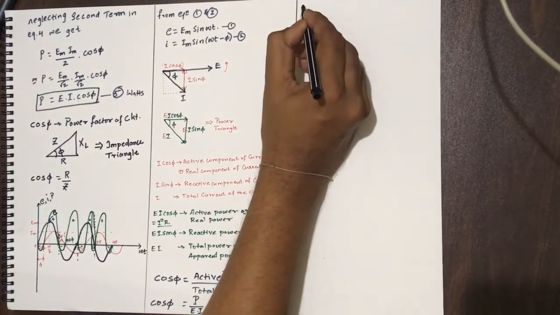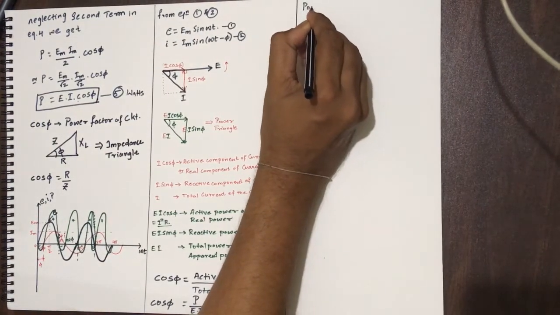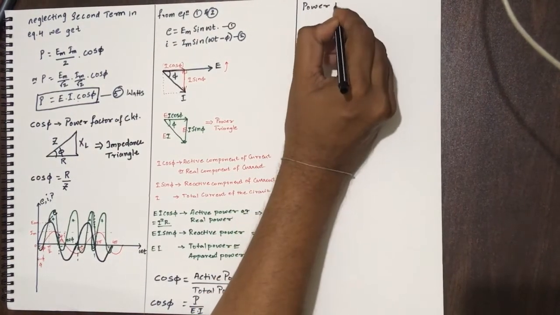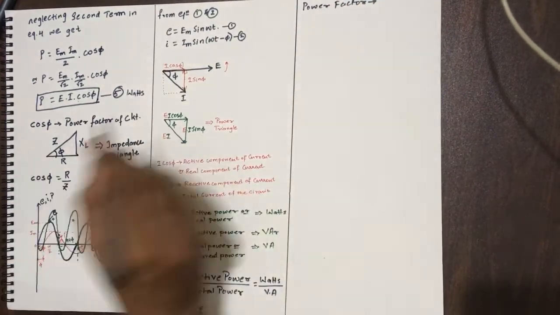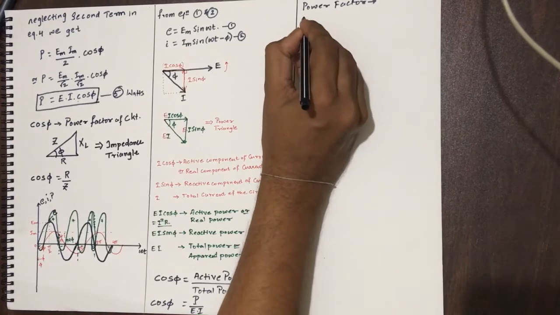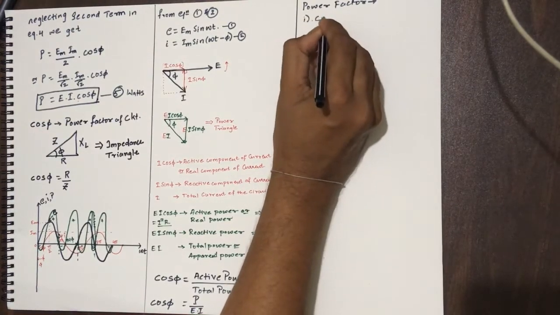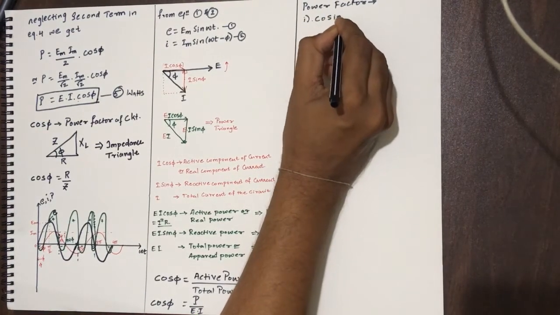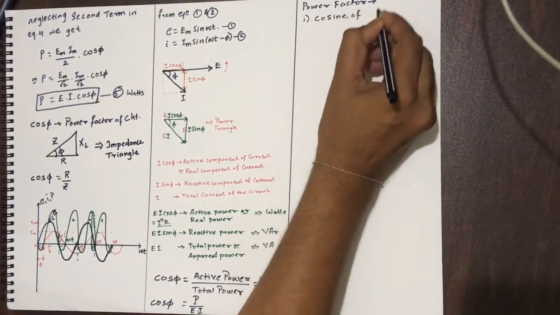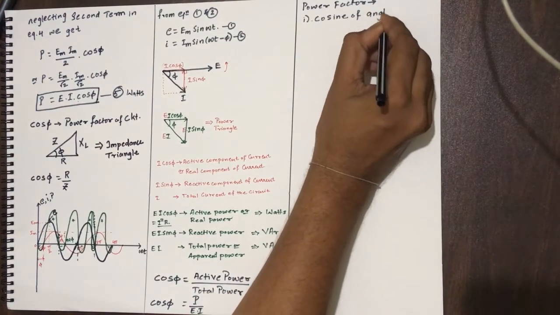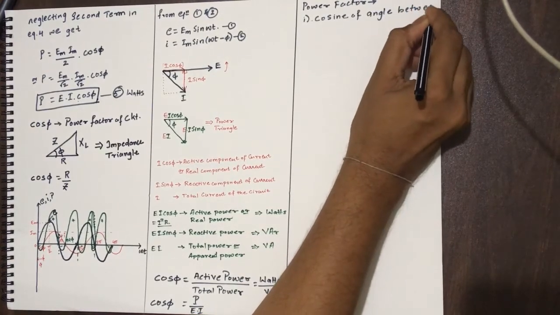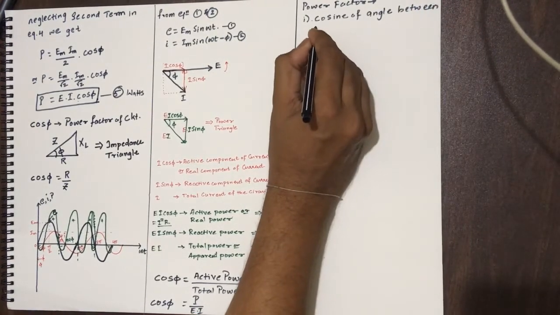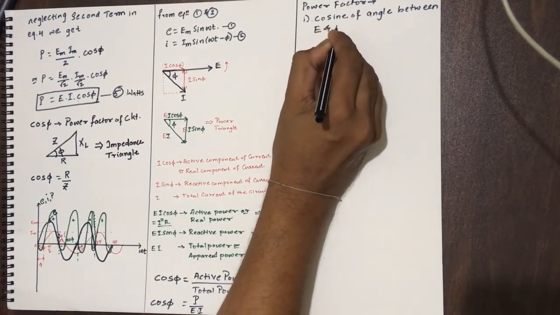That is power factor, it is cosine of angle between voltage and current.